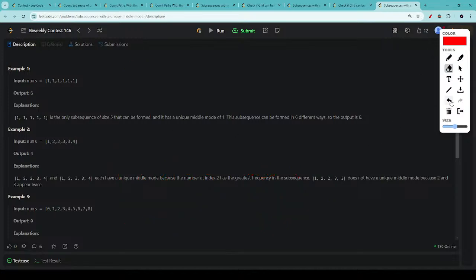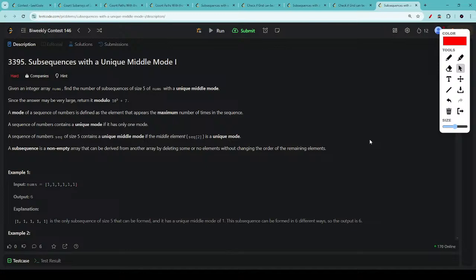So I thought about this during the stream. The idea that I came up with is I'm going to think about the middle number. If I have a bunch of numbers, and let's say this number here is a 3, the question I'm going to ask myself is, if this 3 is the middle number, how many subsequences can I have where 3 is a unique middle mode?